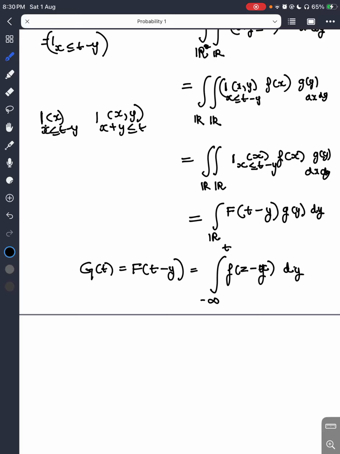So this statement, star, reduces to, using Fubini and interchanging integrals, the integral over minus infinity to t, of the integral over R of f of z minus y, g of y dy.